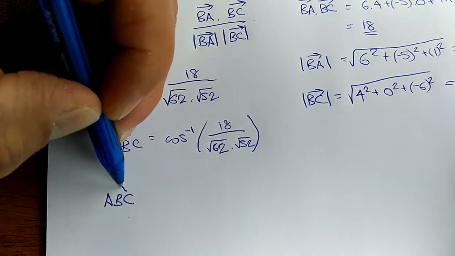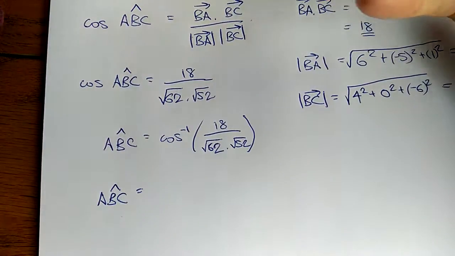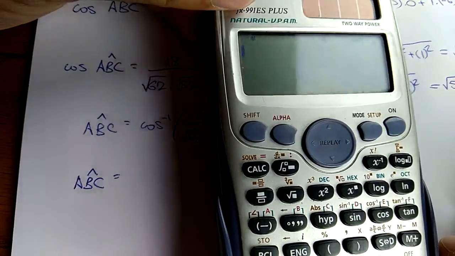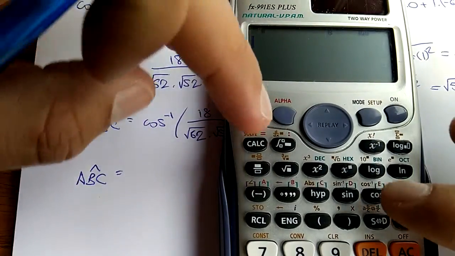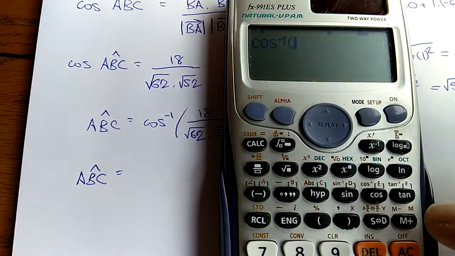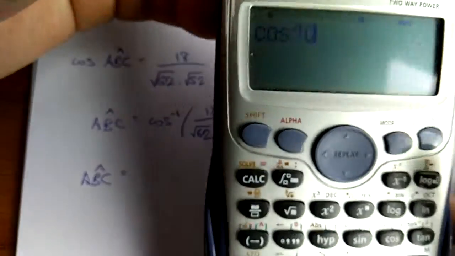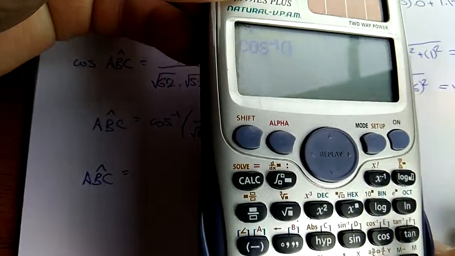Okay, so ABC, plug that into the calculator. So it'll be shift cos of, make sure the bracket's in. There we go.